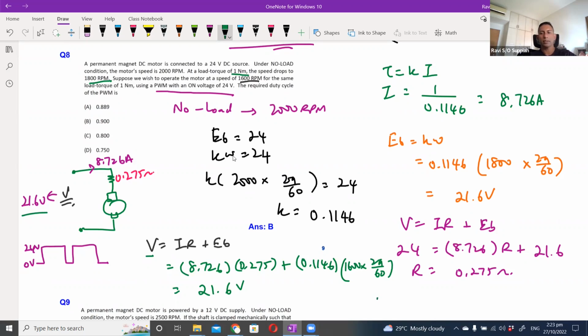So the duty cycle is 21.6 over 24 times 100%, which will give you 90%. With a duty cycle of 90%, I will be able to generate an equivalent voltage of 21.6 volt, which is what I require here. That's why the answer here is B, 0.9.